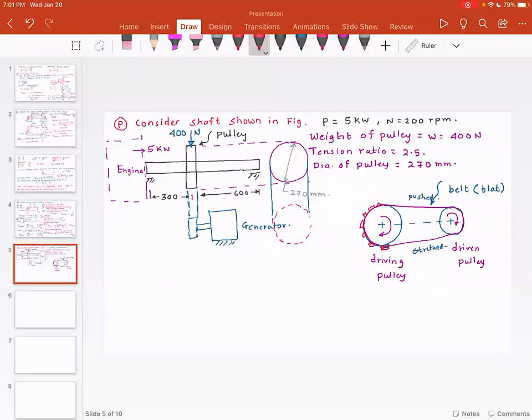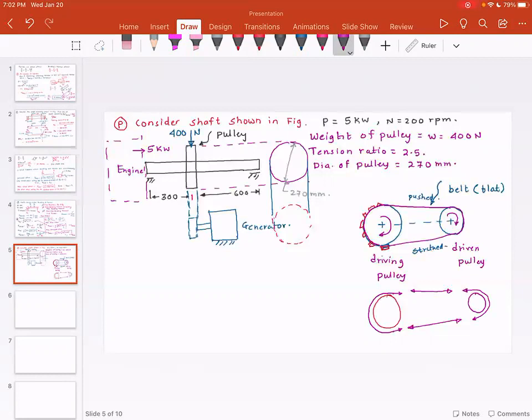If I were to draw the free body diagram of the belt, you would observe the belt here is stretched, and the belt here is a little bit pushed, but still it is stretched. So this is how the power transmission is going to look.